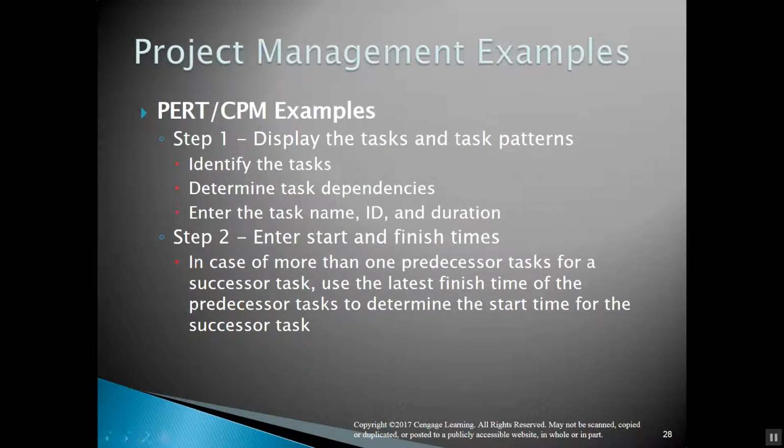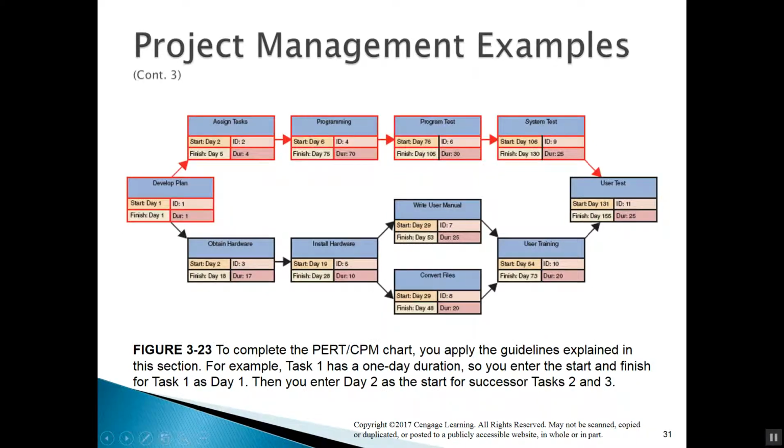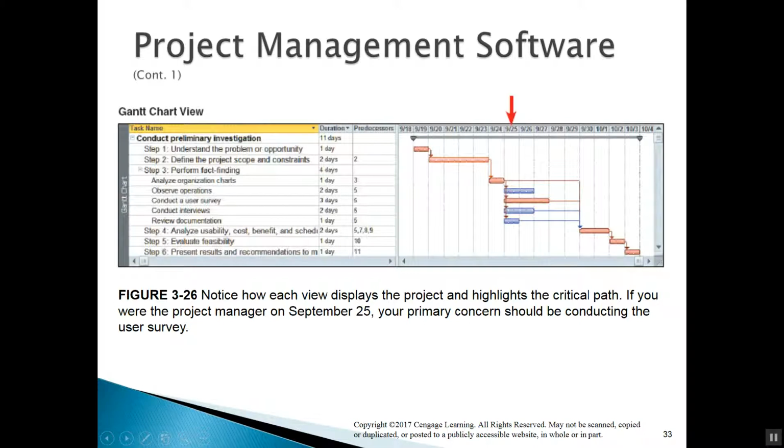All right. We looked at PERT CPM examples. We looked at work breakdown structure examples. Microsoft Project, we'll use that. We can create a Gantt chart. Here we go. Here's a Gantt chart.